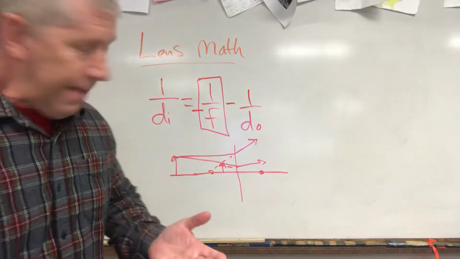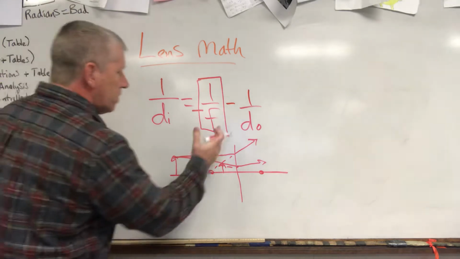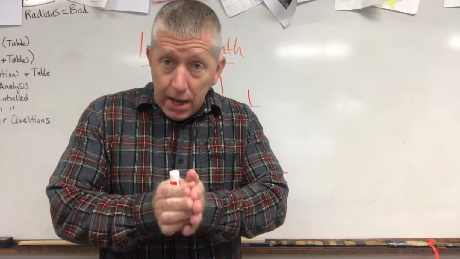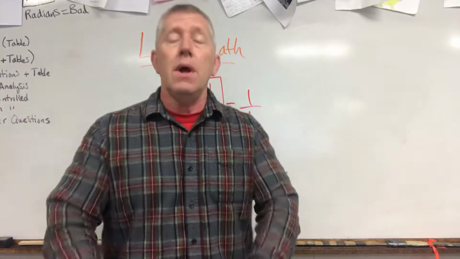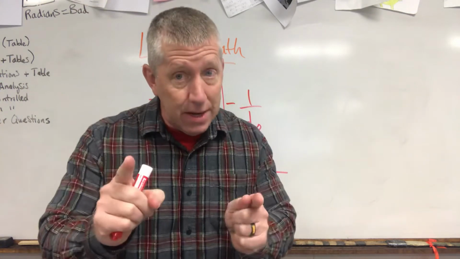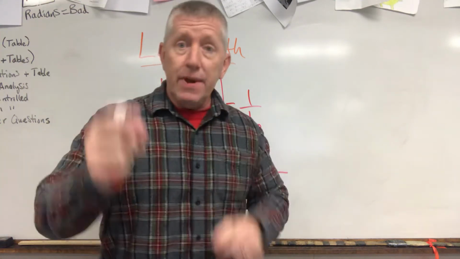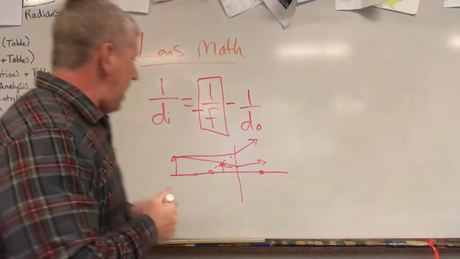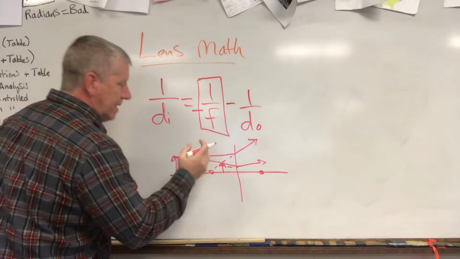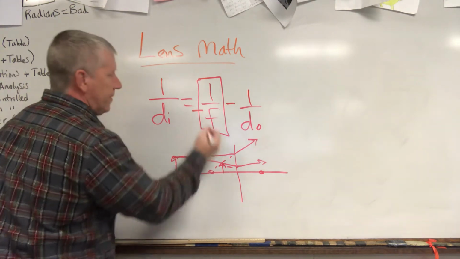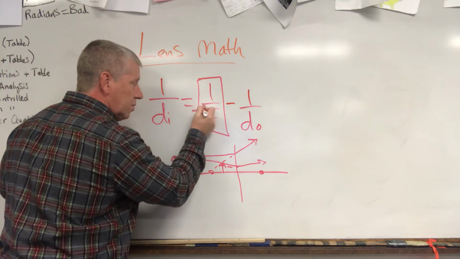So what that means is if it's a diverging lens, that's the same thing as a concave lens and a negative lens. All 3 names can be used. We have to remember when we do the math with a negative, diverging, concave lens, that the focal length is going to be a negative. It's a virtual lens.